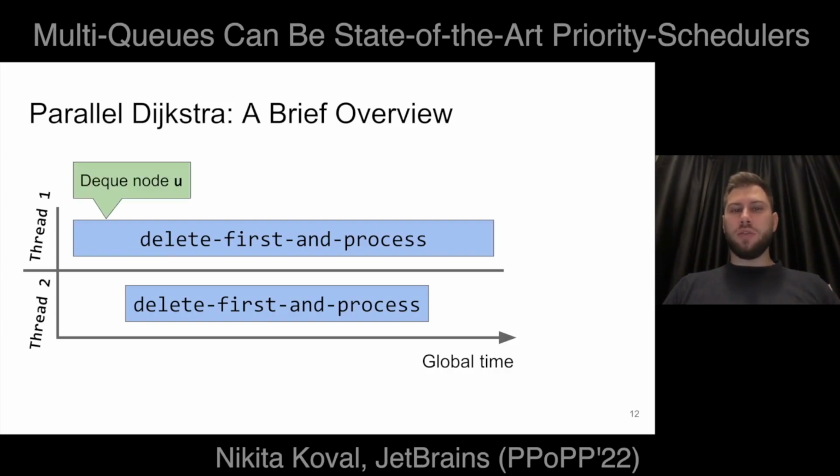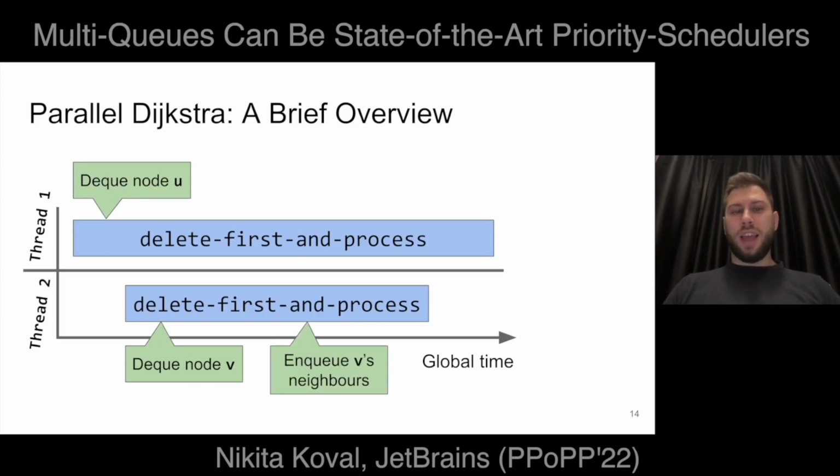So the first thread dequeues node U. After that, the second thread dequeues node V with the worse distance. However, the second thread processes this node V first because thread 1 and thread 2 are executing in parallel, and only after that the first thread processes its neighbors and adds them to the priority queue.